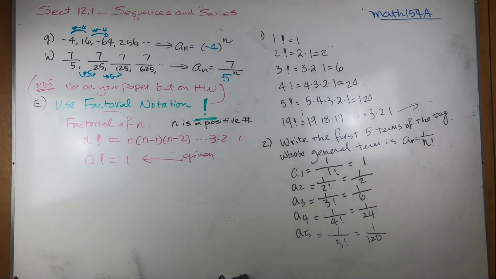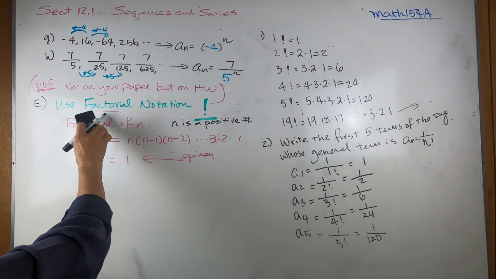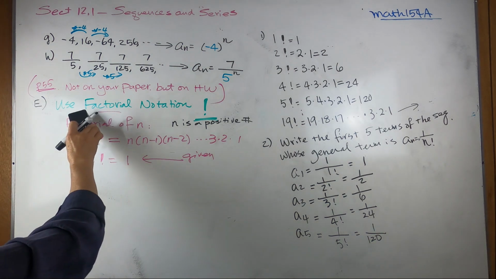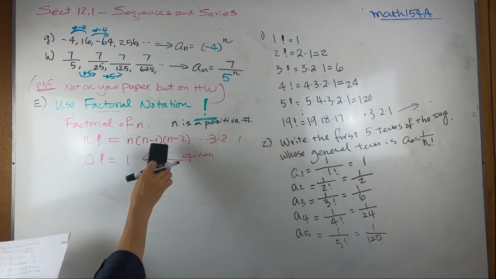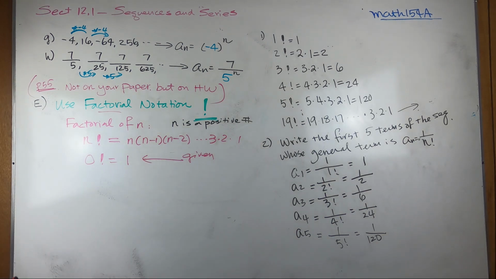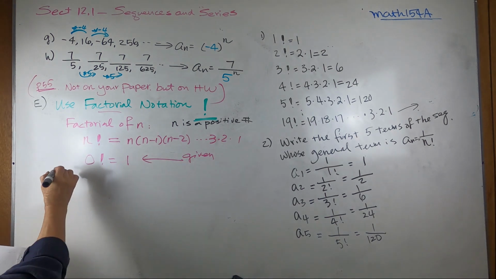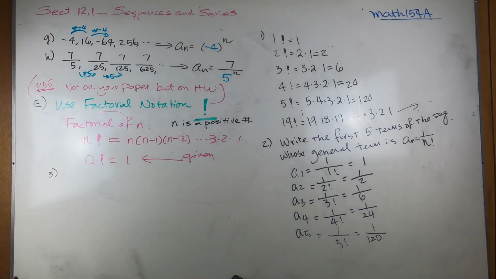Okay, so we are talking about a new thing for you called factorial notation. If we have this one, write the first 5 terms.